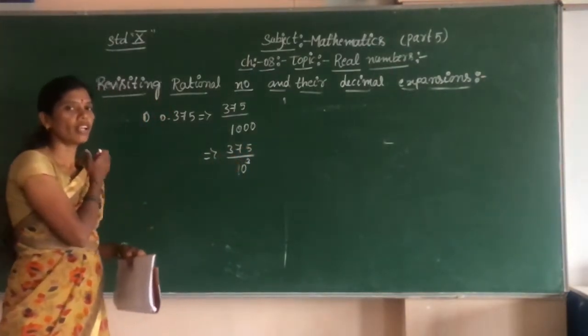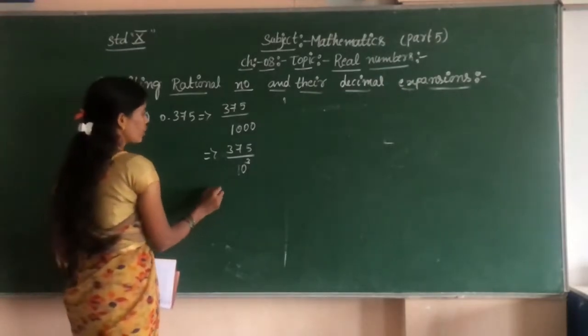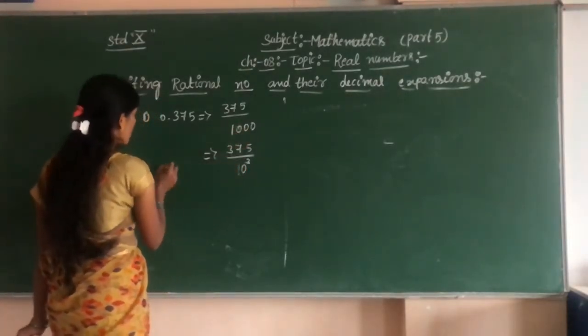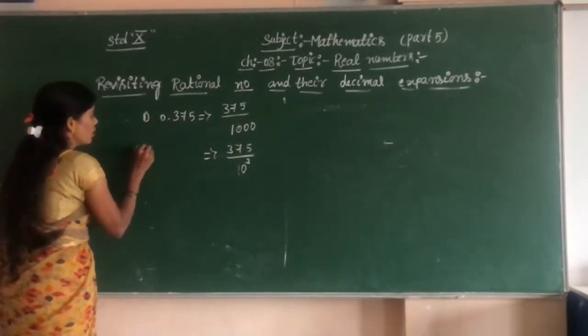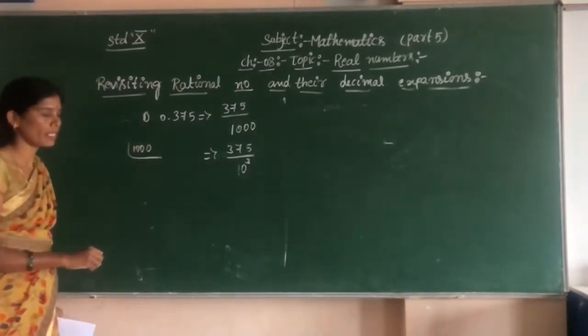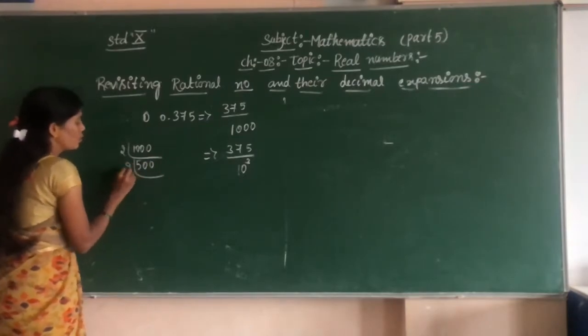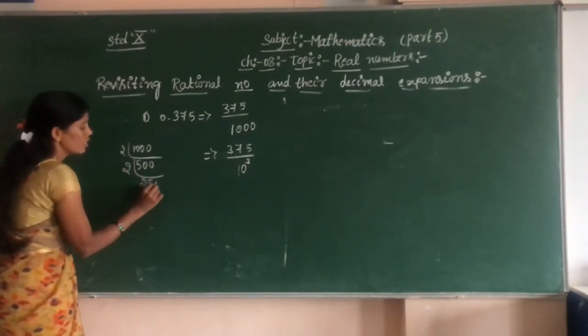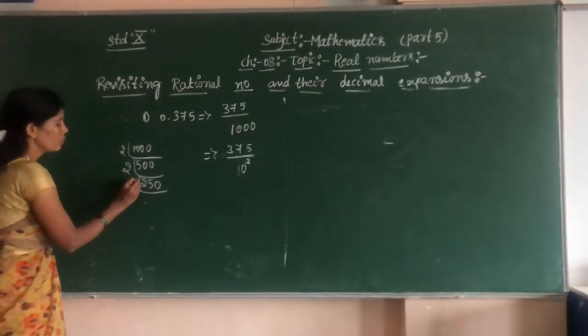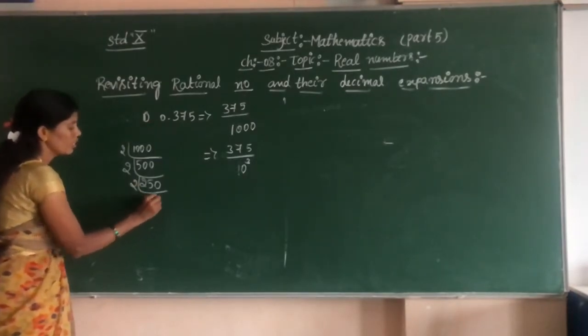Here 1000 is there now. 1000 using the prime factorization method: 1000 divided by 2 is 500, by 2 is 250, by 2 is 125, by 5 is 25, by 5 is 5, by 5 is 1.